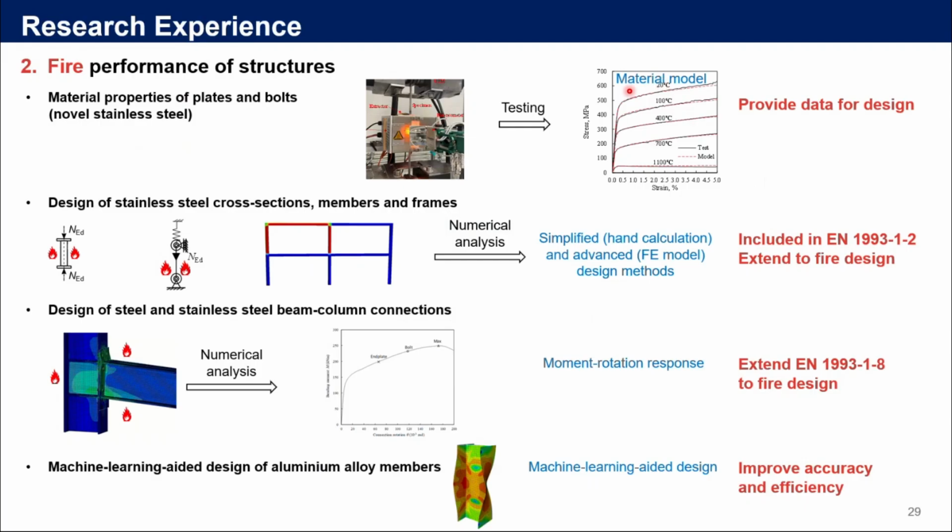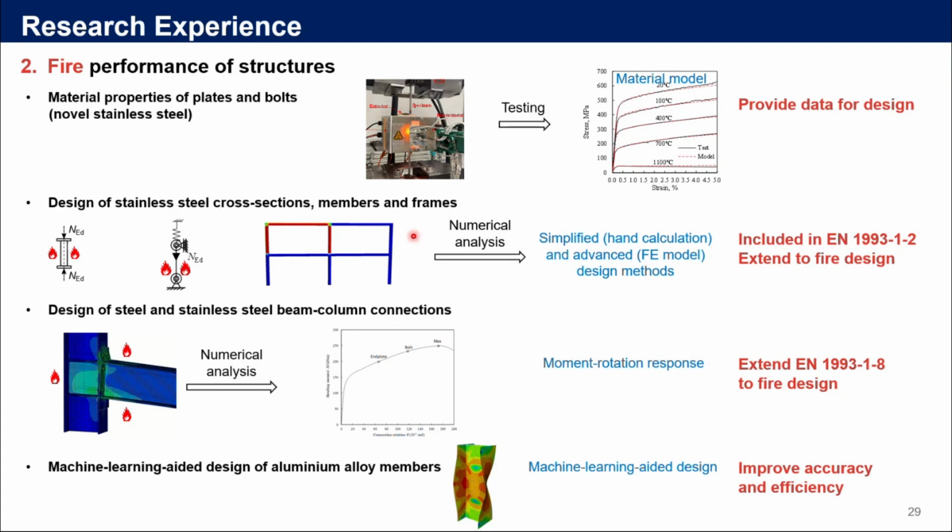In terms of the fire performance of structures, I also carried out elevated temperature material testing on 4 novel stainless steel material grades, and also developed elevated temperature material models, which can be directly used in structural fire design. For stainless steel cross-sections, members, and frames, we developed both a simplified design method and an advanced design method.